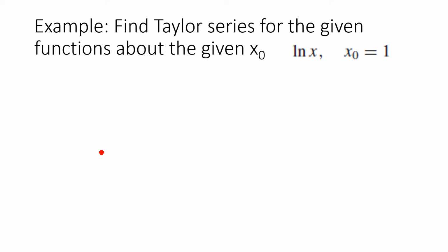From the previous discussion, the natural logarithm of 1 plus x is equal to x minus x squared over 2 plus x cubed over 3 minus x to the fourth over 4 plus so on, in the interval x greater than negative 1 but less than or equal to 1.